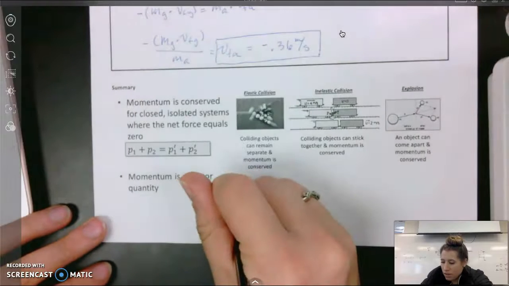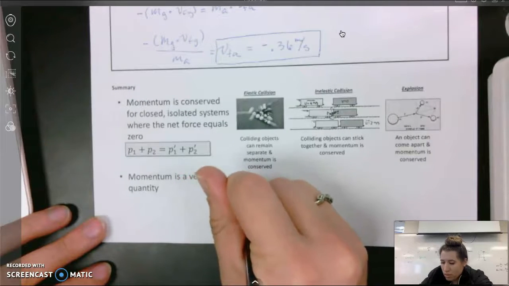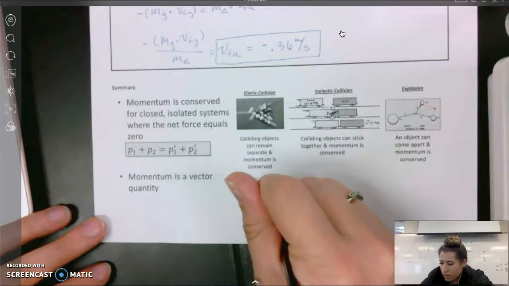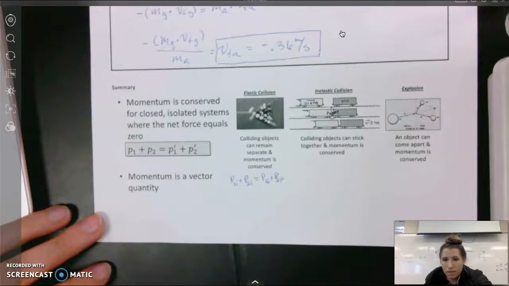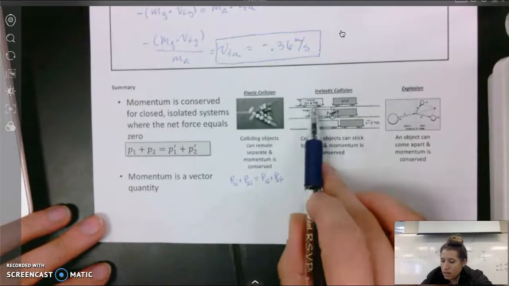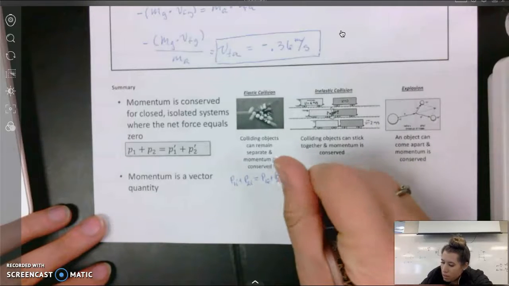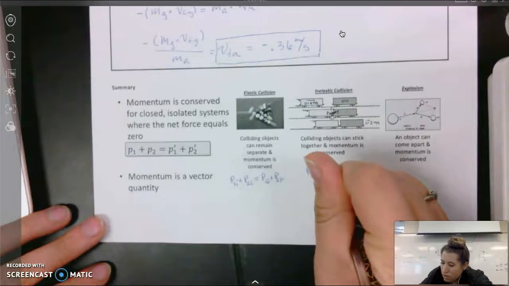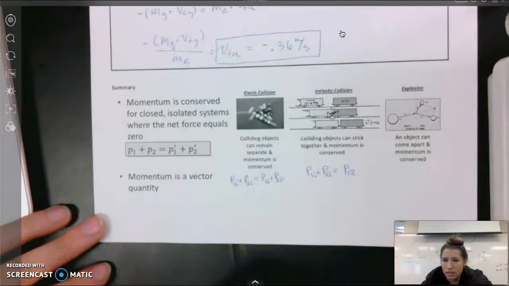That we have momentum of 1 initial plus momentum of 2 initial will equal momentum of 1 final plus momentum of 2 final. Okay? And with an inelastic, we start as 2 separate and then we come together. So that would be momentum of 1 initial plus momentum of 2 initial. But then at the end, we're one object, so that would be momentum of this combined 1, 2 object.